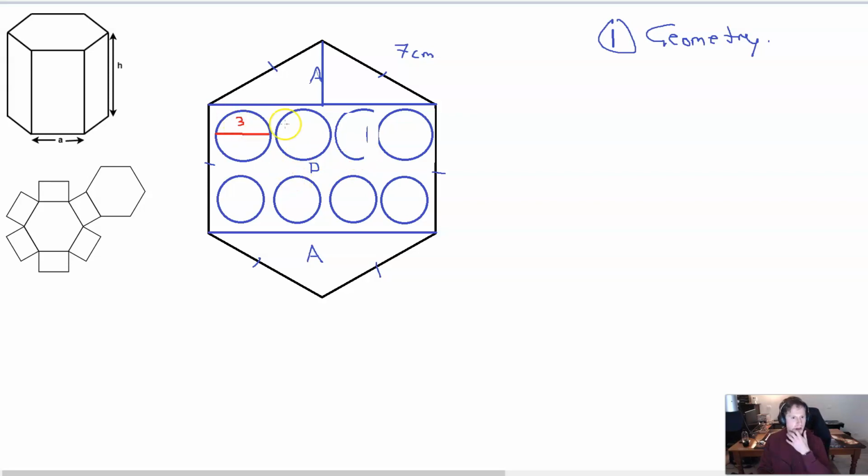So I know that going along here, I'd have 3, 6, 9, 12. And I might want to give a little bit extra room, okay? Just because you don't want everything so tight that the packaging is not going to be able to hold the container in the first place. So that gives me 12. So I might want to go 12.5, for example, as my line going across. So 12.5.